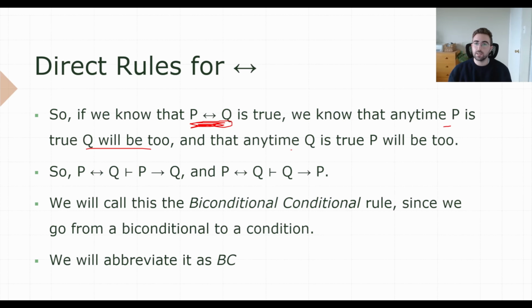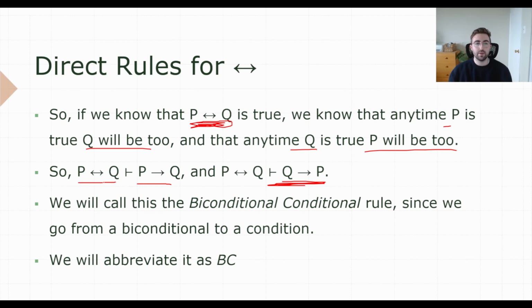And we also know that anytime Q is true, P will be as well. So P if and only if Q means that P arrow Q, and it also means that Q arrow P. It just is a way of showing that they both imply each other. They're both if then about each other.